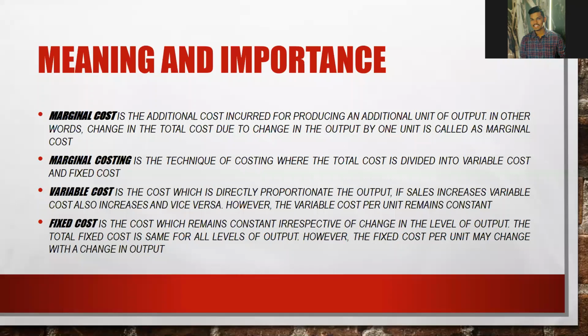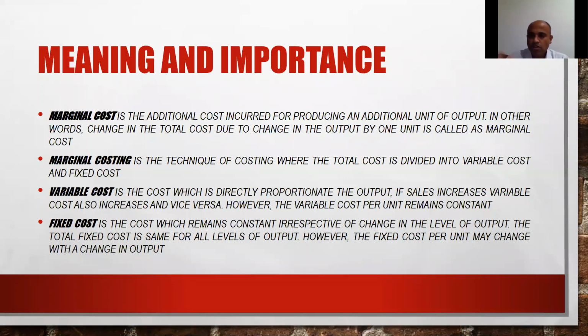I'll take a simple example. Assume that for producing 100 units, I have spent 1000 rupees. For producing 100 units, the total cost incurred is 1000 rupees.